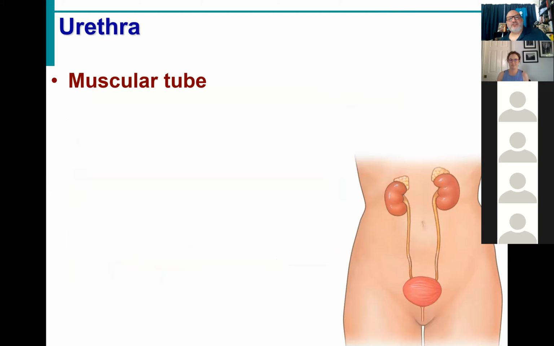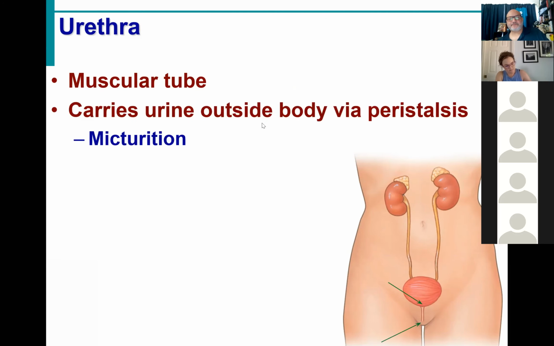That brings us to the urethra. The urethra, again, is a muscular tube with two openings, an internal os, which is located in the bladder, and of course the external os, which is where it is expulsed from the body. Like the ureters, it is going to carry urine out of the body via peristalsis.